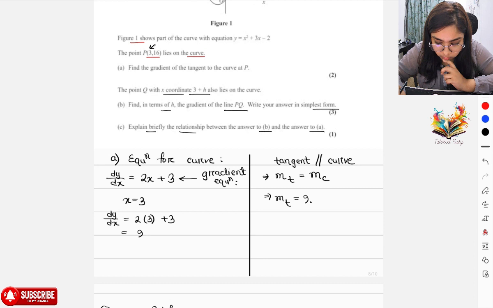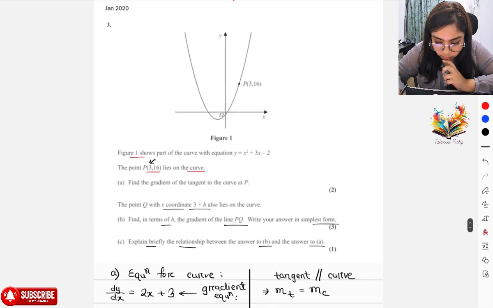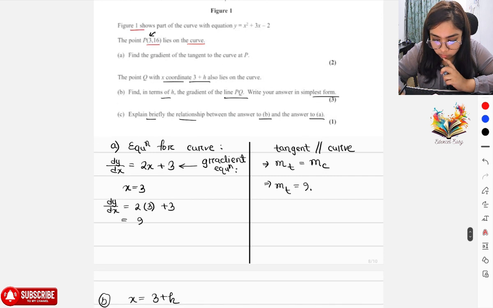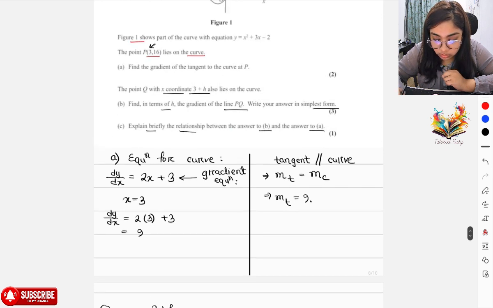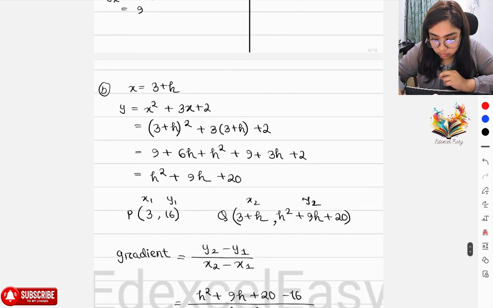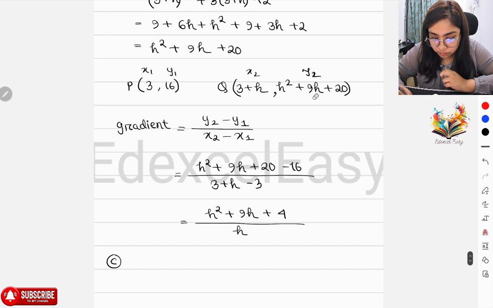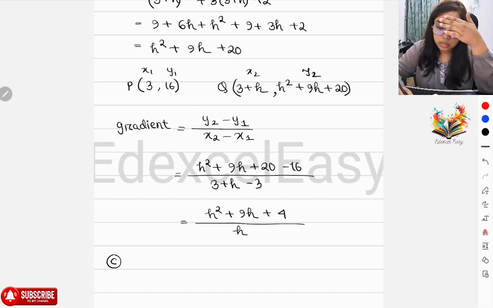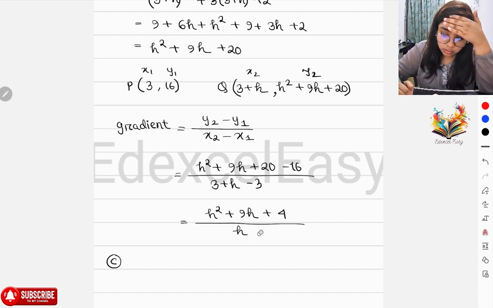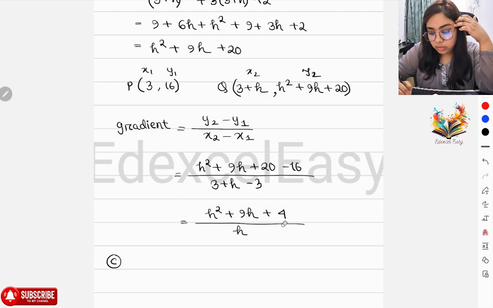Find in terms of h the gradient of the line PQ, write your answer in the simplest form. I got the gradient of the tangent T as 9, but over here there's no similarity between my part B and A. h squared, 9h plus 20 minus 16, 3 plus h minus 3 is actually h, right? Up to this there's no problem.